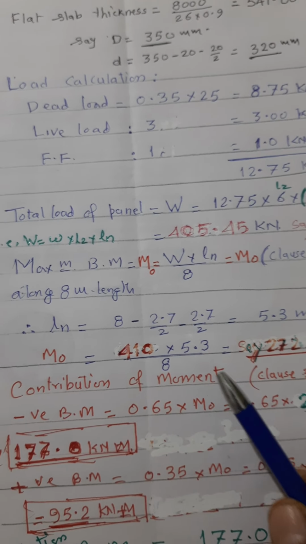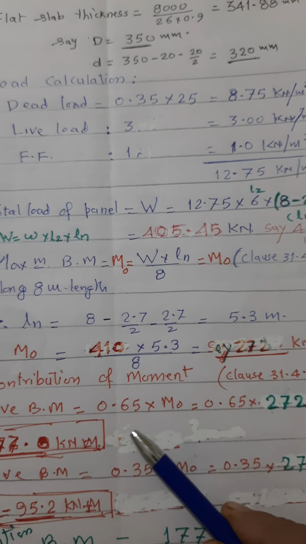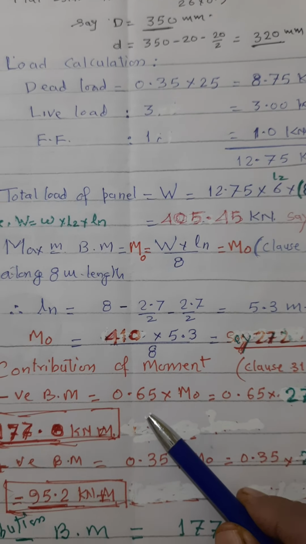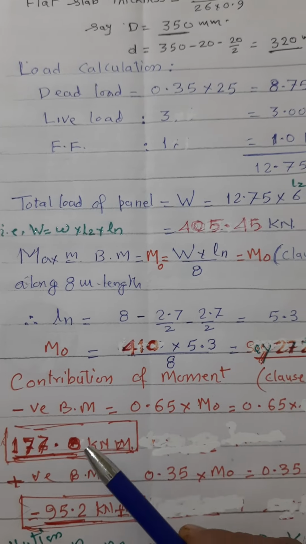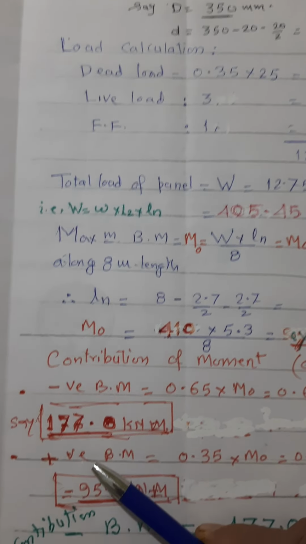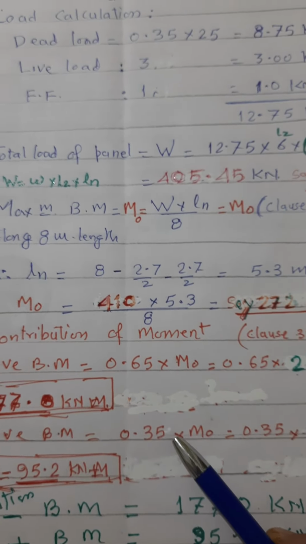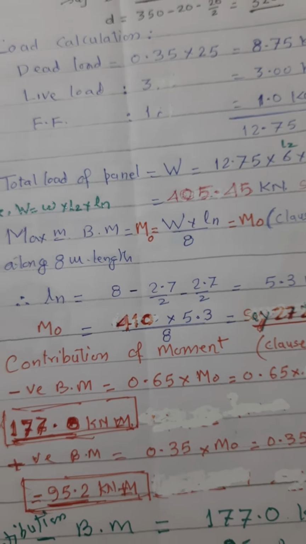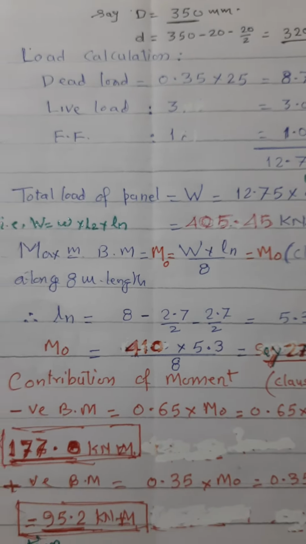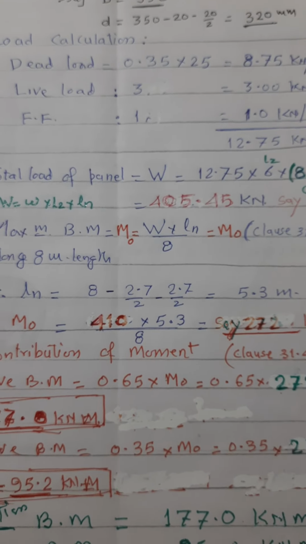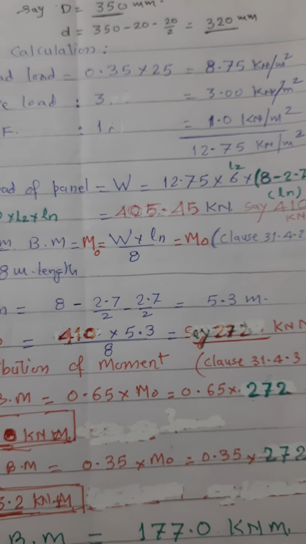M0 means the bending moment we have calculated so far. And this is the negative bending moment, 65% of M0, and definitely the positive will be 35% of this value, M0. So we have calculated the total negative and the total positive bending moment.